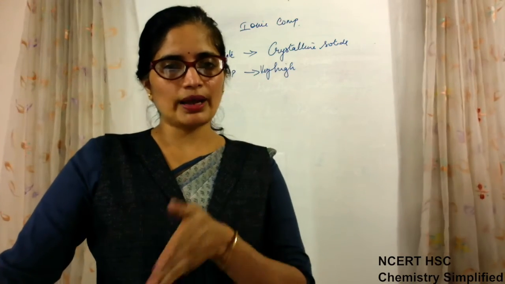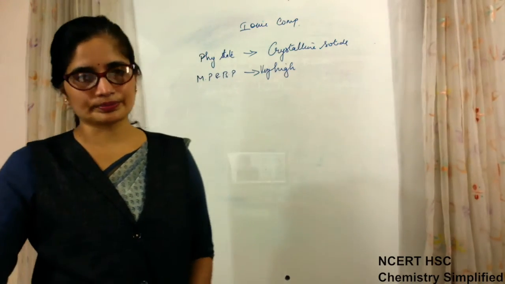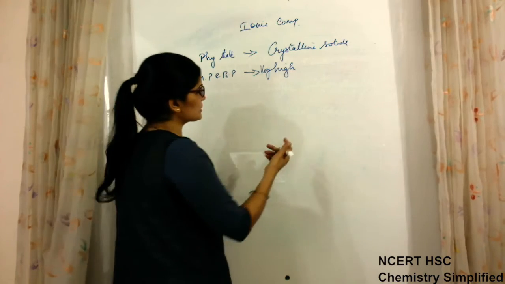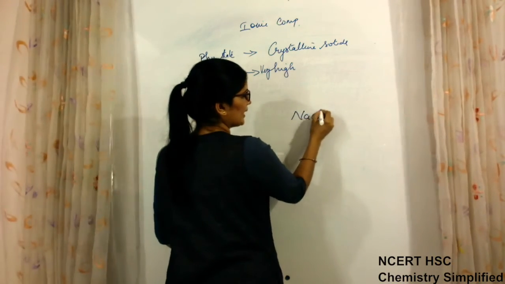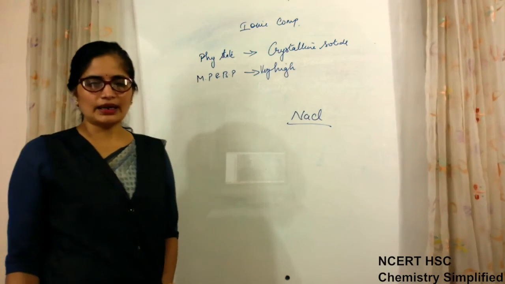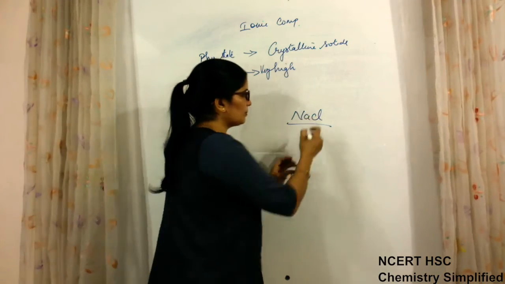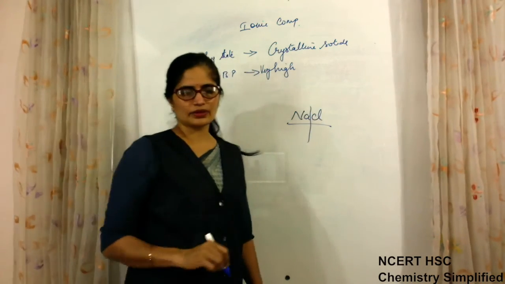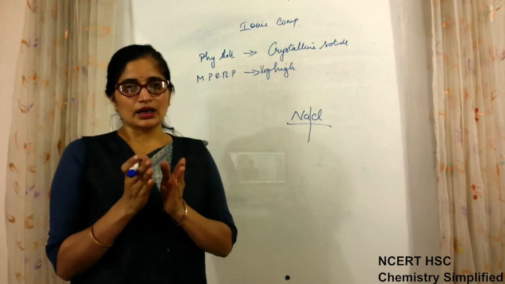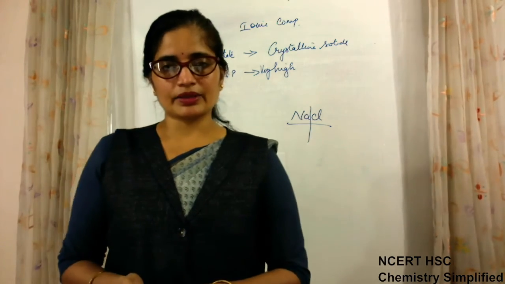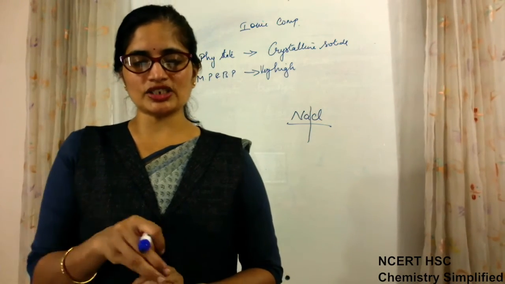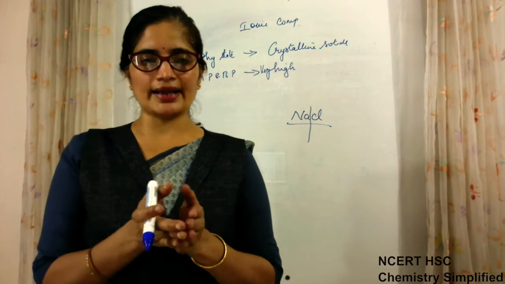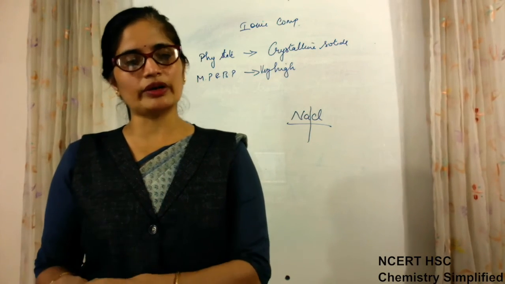So if you have to melt them, then you have to overcome these forces. Melting means what? Suppose I am melting NaCl, I am not breaking the bond between Na and Cl. Suppose you melt ice, you are not separating H and O, because when ice melts, it converts into liquid water.